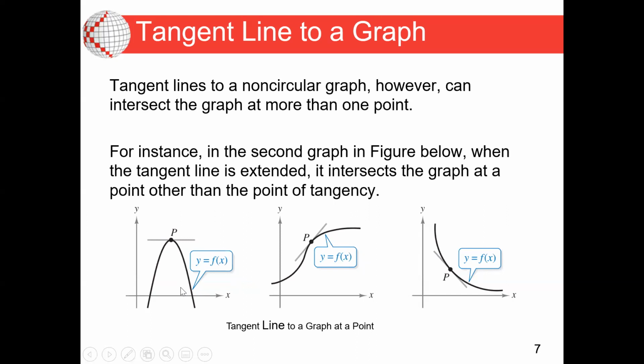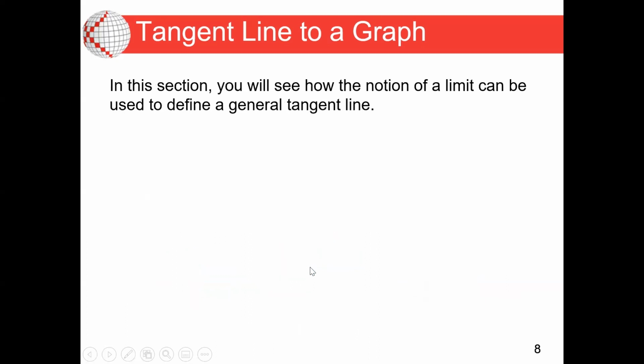And here are a few examples of tangent lines to non-circular graphs. The line is tangent to the three graphs here because they touch or intersect the graph only once. We're also going to have the secant line, which gets two points on the graph.